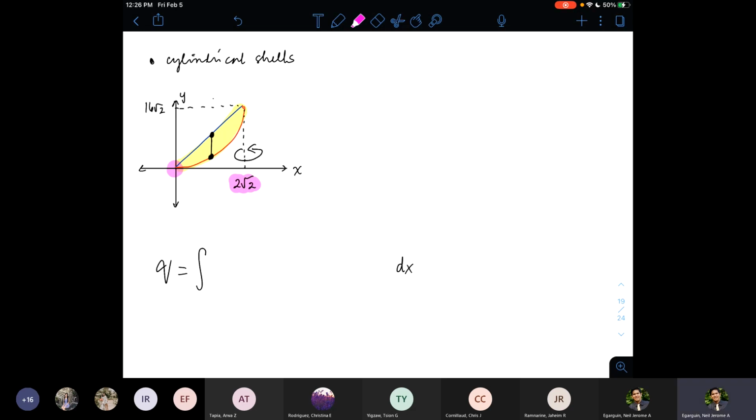The same thing goes for y, okay? So now I know that the bounds would be from 0 to 2 root 2, okay? And then since we are using cylindrical shells, the integral will be 2 pi radius times height. So I'll put the 2 pi over here.